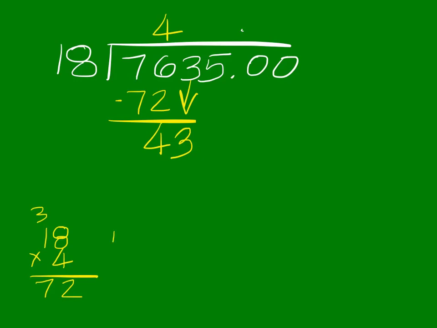We can try 2. 18 times 2. What's 2 times 8? 16. I carry a 1. What's 2 times 1 plus 1? So it's 36. Can I get another 18 between 36 and 43? No.